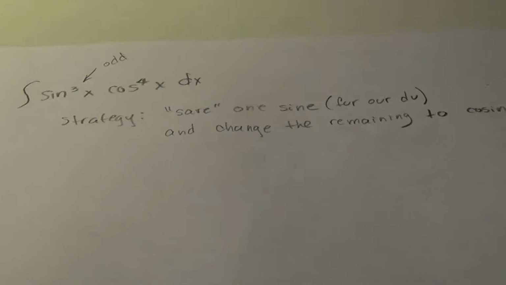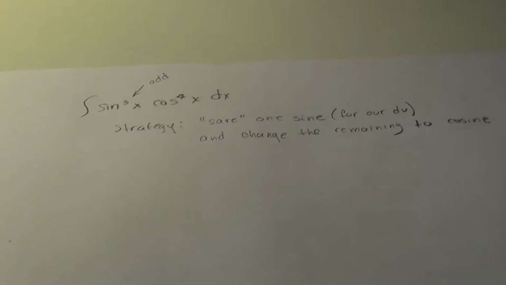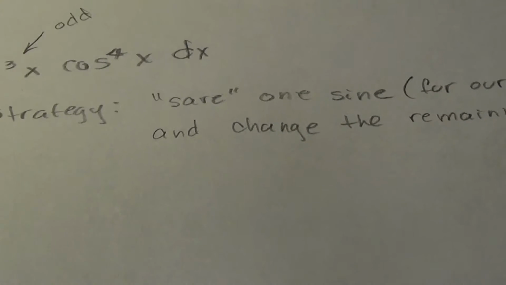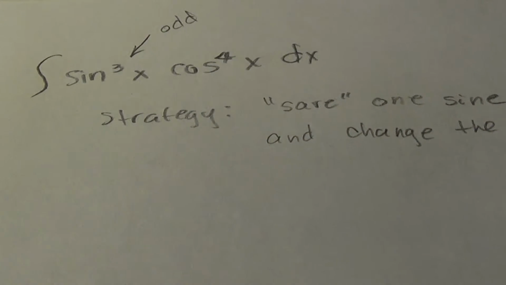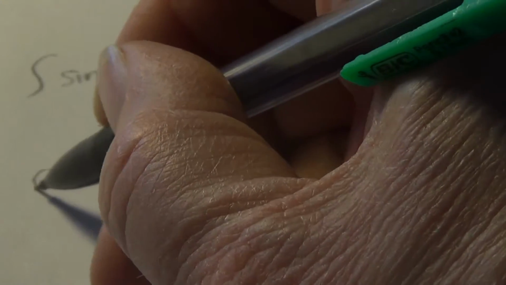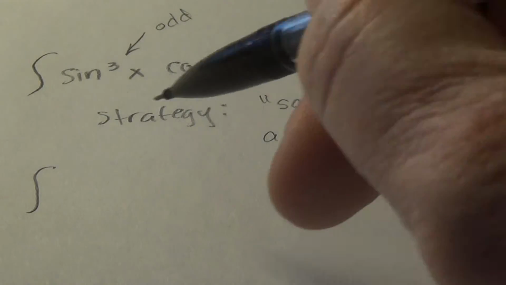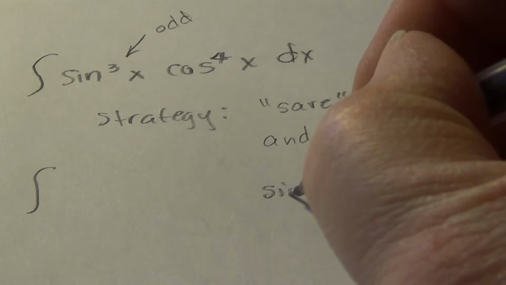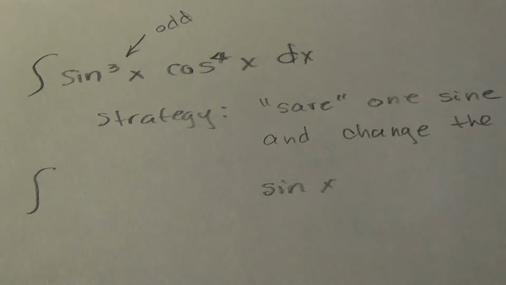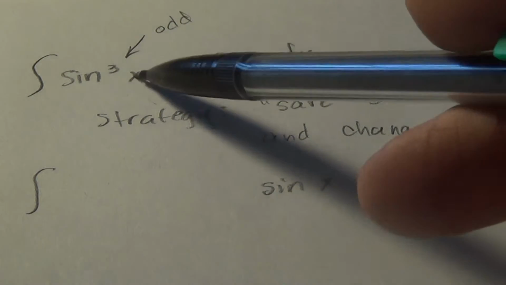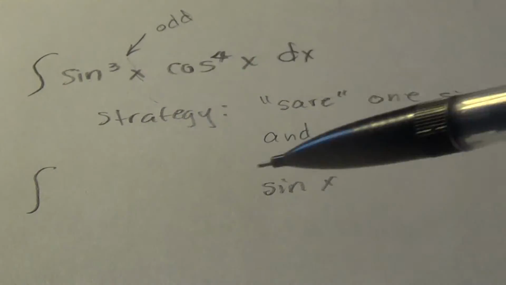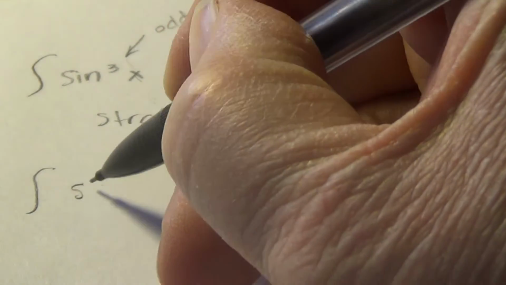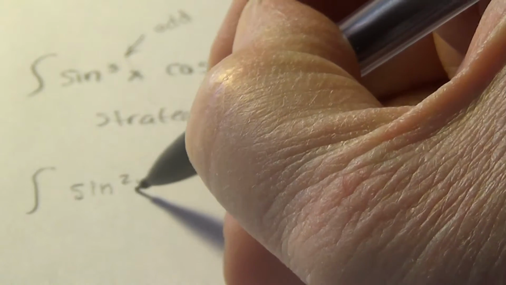All right, so that's not going to mean a whole lot until we actually do one. So we're going to do this one. When I rewrite this integral, I'm going to save one sine. So I'll put it down here, sine x. Now I can't just change the problem because we started with sine cubed. So I'm going to put back my sine now squared.